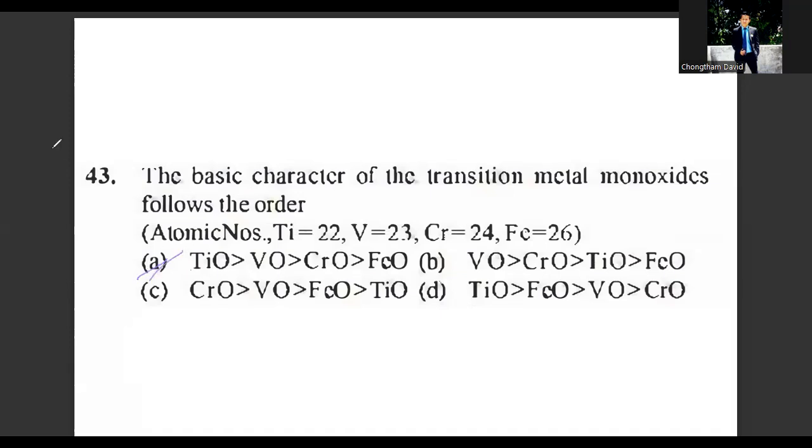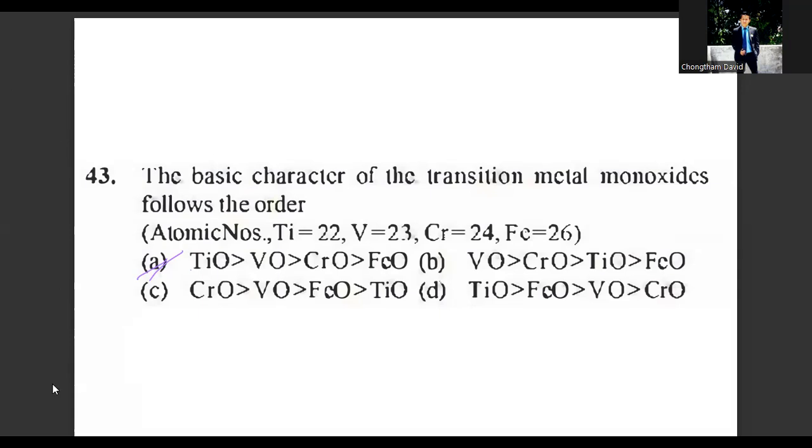So A would be the answer to question number 43. The reason is that the basic character of oxides decreases with the increase in atomic number. Oxides of the transition metals in low oxidation state, that is +2 and +3, are generally basic except for chromium oxide. I hope it's understood.